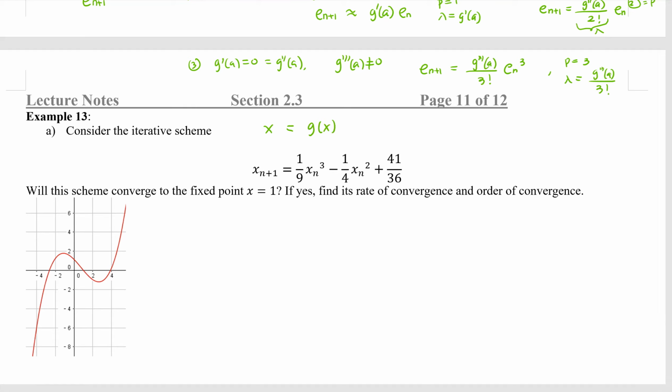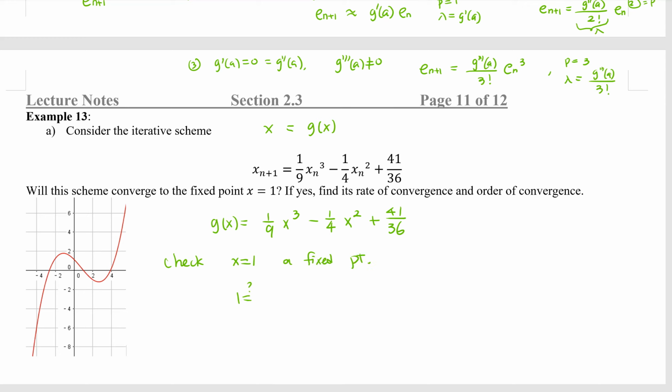And x is the fixed point. So what is g of x in this case? Well, g of x is 1 over 9 x cubed minus 1 over 4 x squared plus 41 over 36, right? Is 1 a fixed point? Let's check.